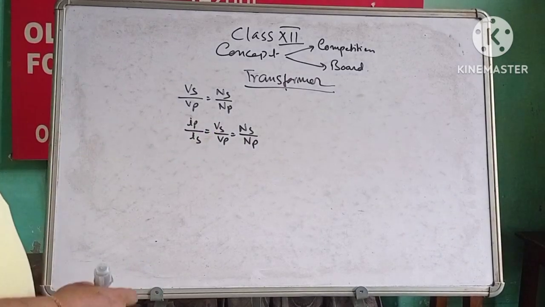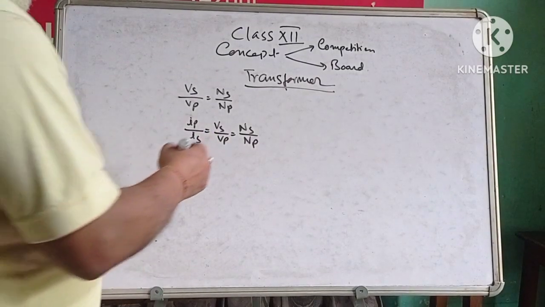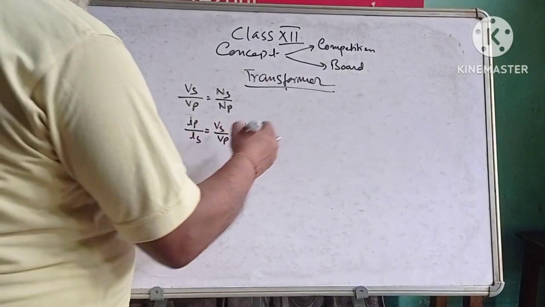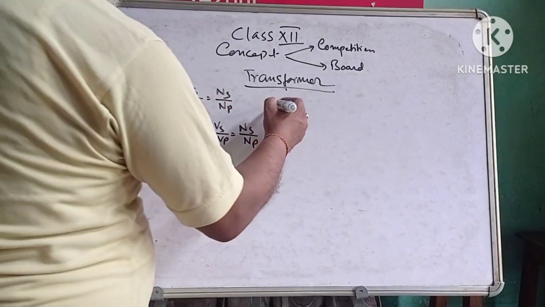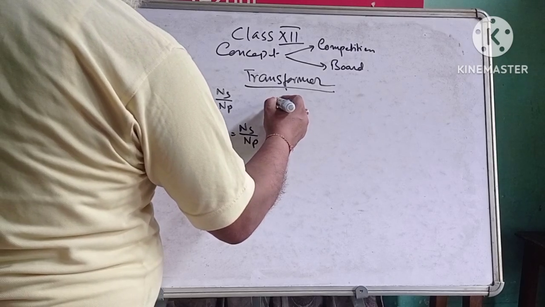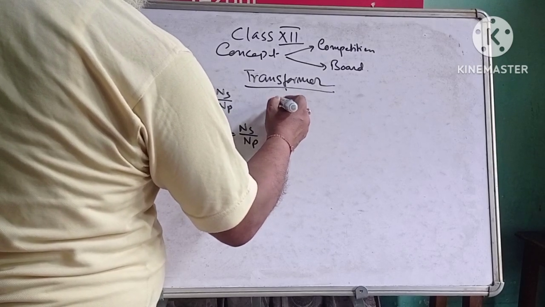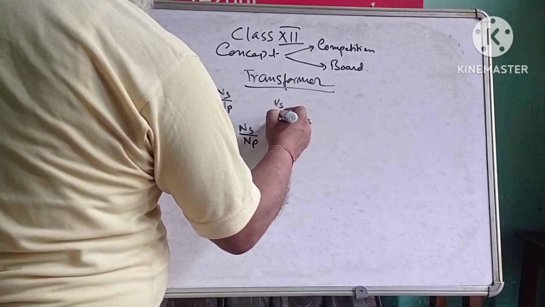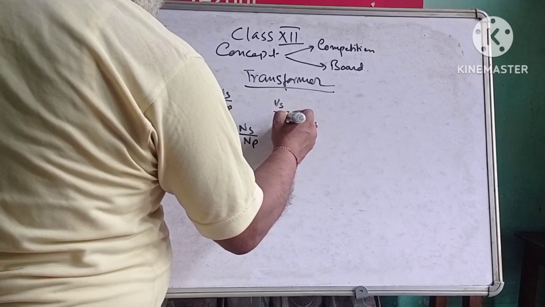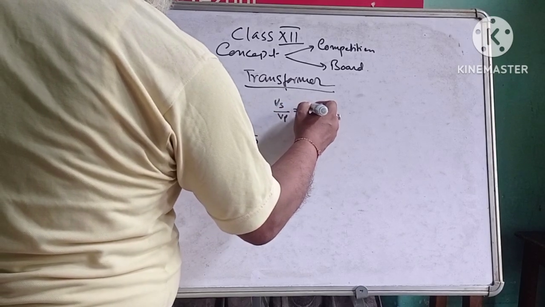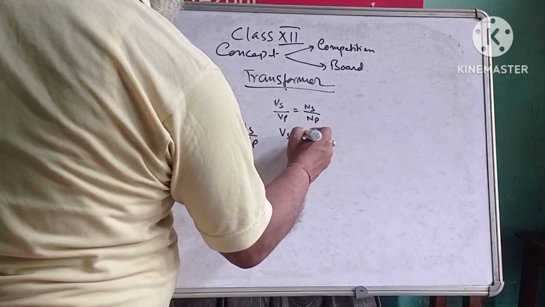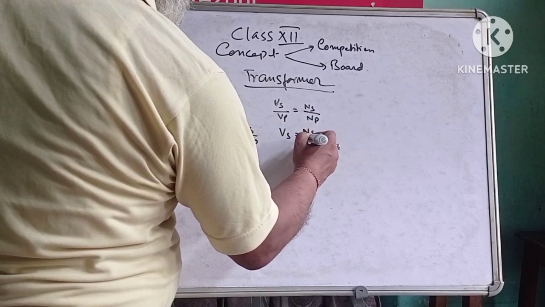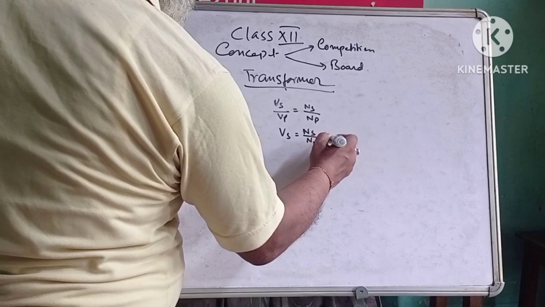And from here you see one important thing. Vs by Vp is equal to Ns by Np. So Vs is equal to Ns by Np into Vp.